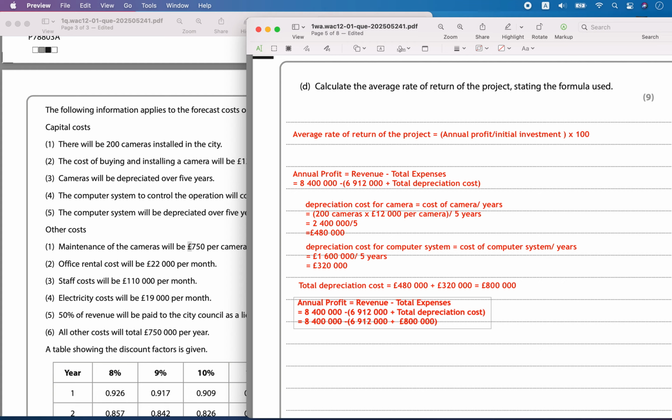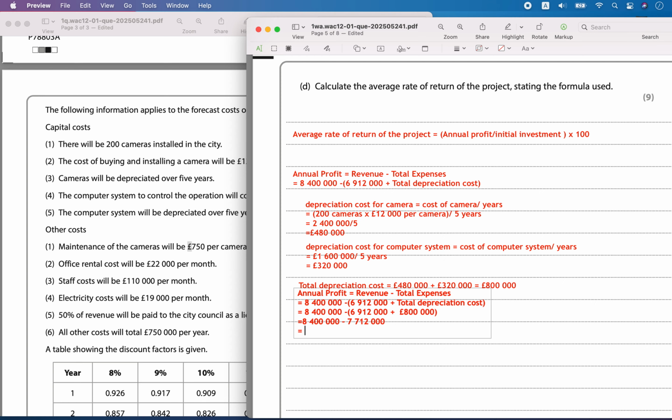So 6,912,000 plus 800,000 is equal to 7,712,000. Then to calculate the annual profit, 8,400,000 minus 7,712,000 gives 688,000.